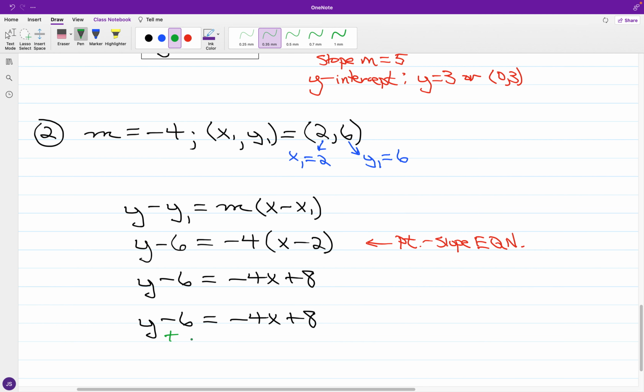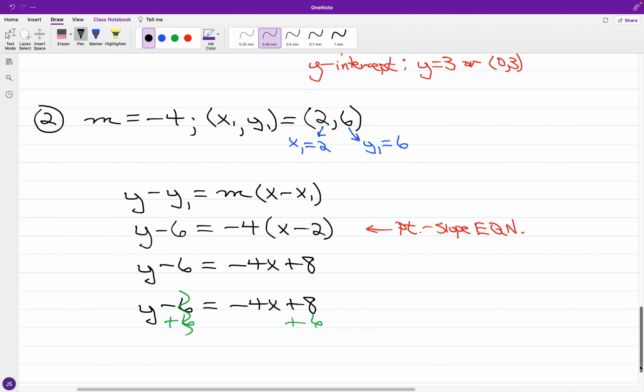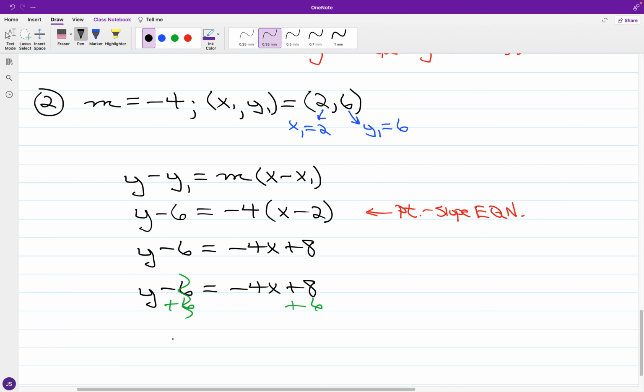And once again, isolating y, I can do this upon adding 6 to both sides. And so we have y is equal to negative 4x plus 8 plus 6, and this will come out to 14. And again, this is going to be the slope-intercept equation.